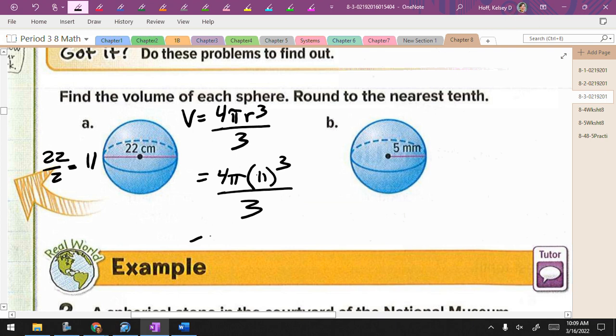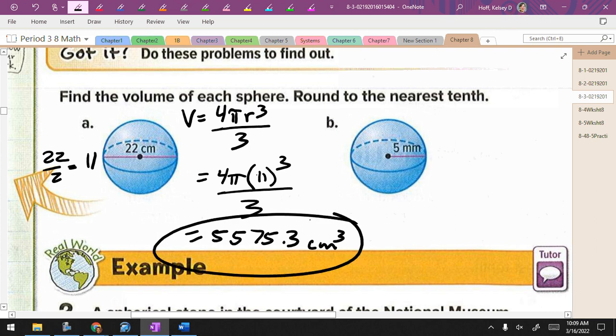Very good. 5,575.3, say it again. Centimeters cubed. Okay? Go do B all on your own.